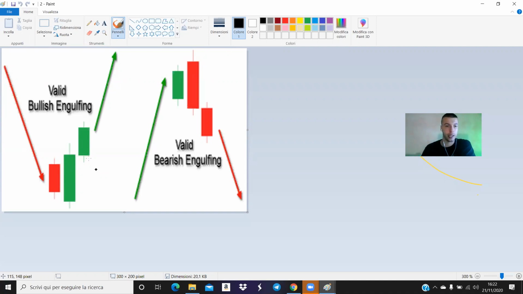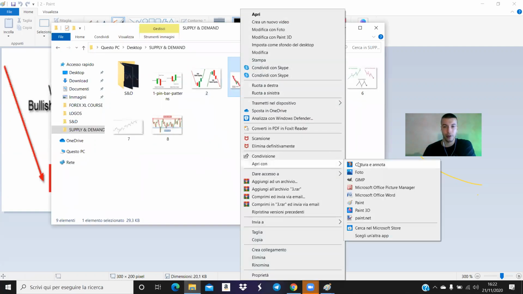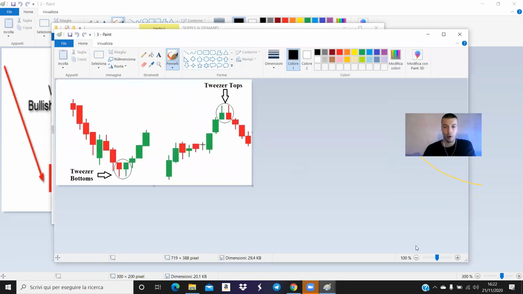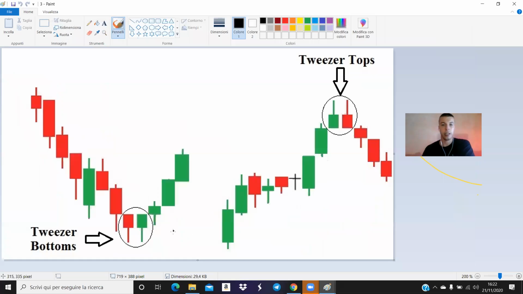Still a very good reversal sign, and I'm telling you because we're going to look for all these patterns when we are at supply and demand areas. Next one is the last one that I said was my favorite, and it is the tweezer top or bottom. In this case, it is just like a pin bar, but two are created.